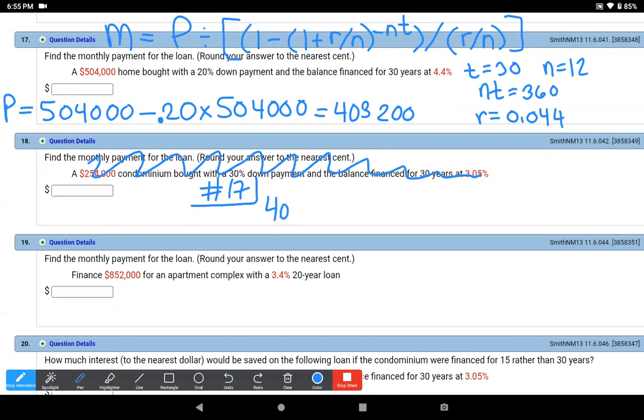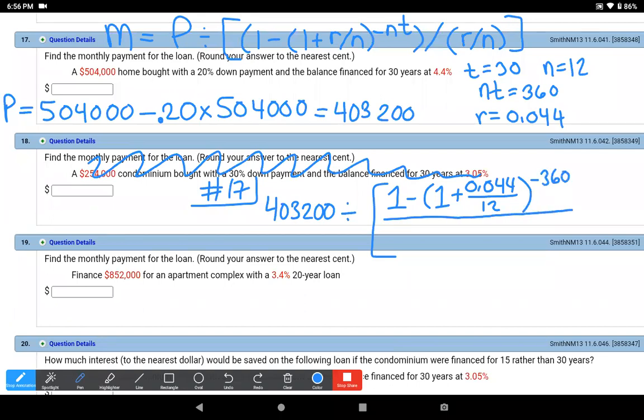P divide by 1 minus 1 plus r over n raised to the negative 360, right? The nt, and then divided by 0.044 divided by 12.